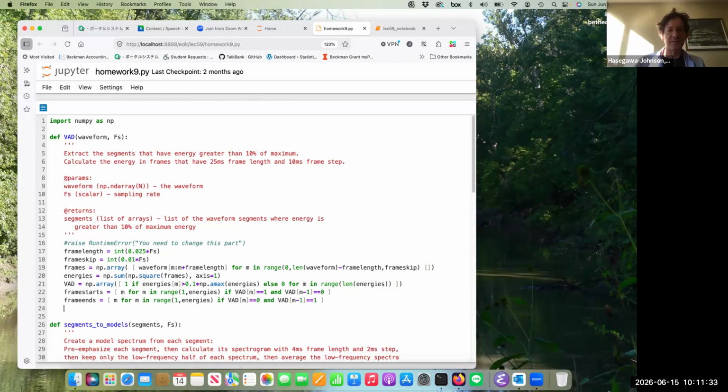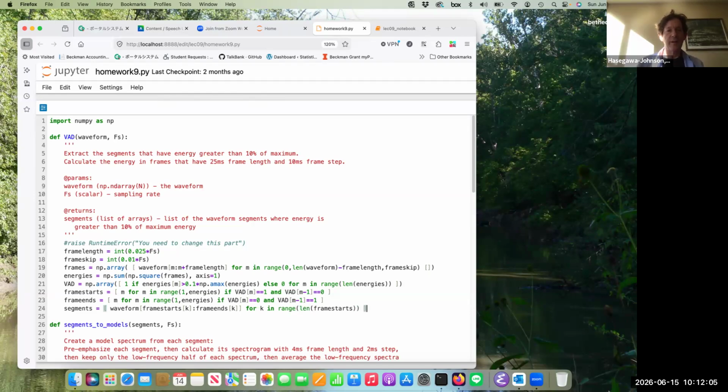And then we want to create a list of segments. And that will be a list of the waveform from frame starts of K to frame ends of K for that waveform, for K in the range up to the length of the frame starts.